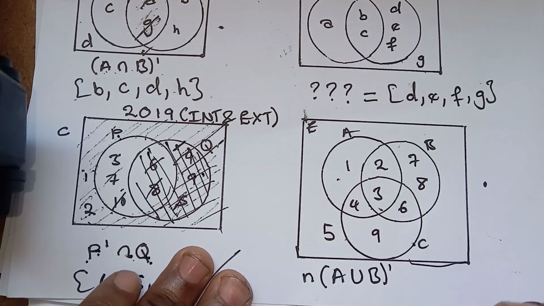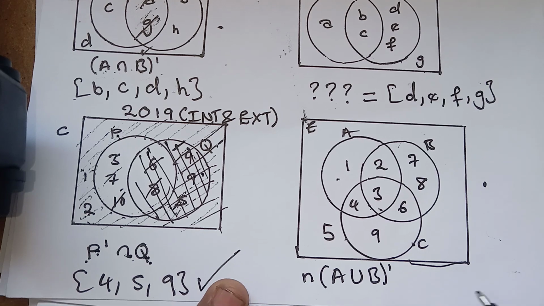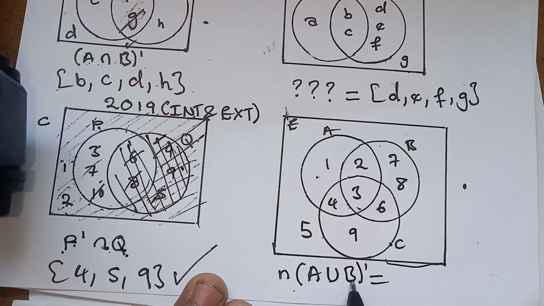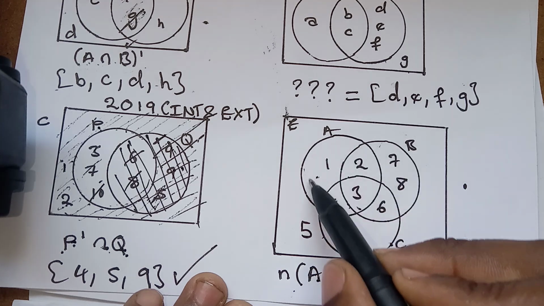Then we have this one. This was a bit unique, but nothing you've never seen. For this one, you have to list down the elements of A union B first. So the elements of A union B are these elements, right?